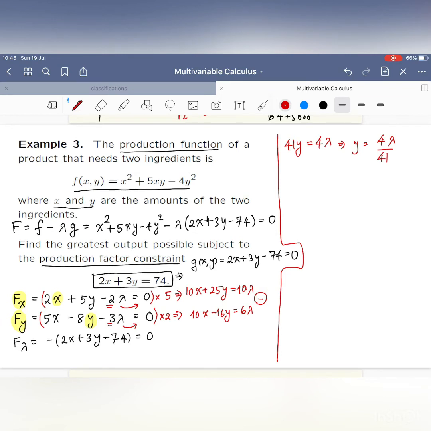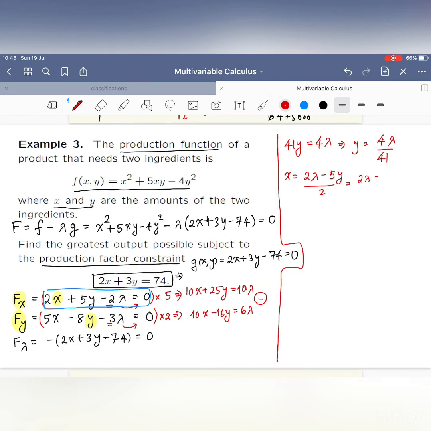How about your x? You can just use this first one to obtain your x. So your x is simply 2 lambda minus 5y over 2.